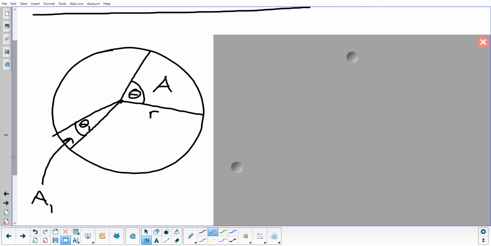I'm labeling the area, which is that region in there. The bigger area I labeled A, and the smaller area I labeled A1. Okay, all we have to figure out here is whether the size of the angle and the size of the area are connected somehow. Let's take a look and see.